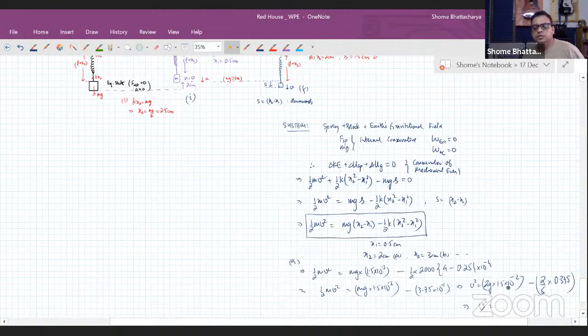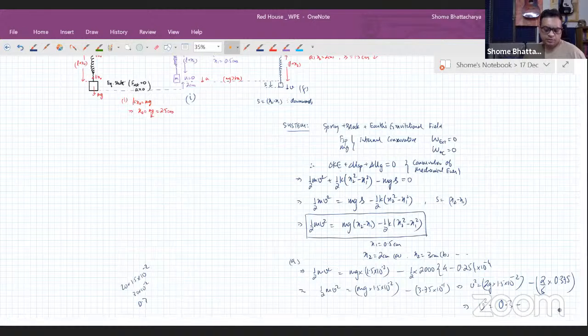So v square is 20 into 1.5 into 10 raised to power minus 2. So that is 30 into 10 raised to power minus 2, so 0.3, minus 0.375 multiplied with 2 by 5.